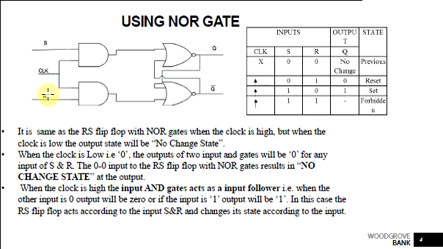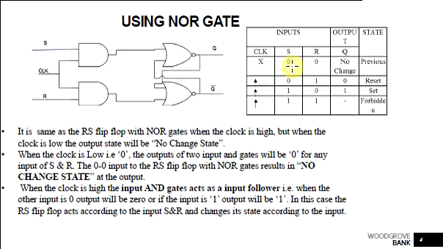That means the data are not transferred. Whatever we give to the S or R terminal is not transferred to this NOR gate, so the Q and Q bar remain the same. That is a no change condition. If there is no clock pulse, whatever the inputs S and R are, it corresponds to no change.